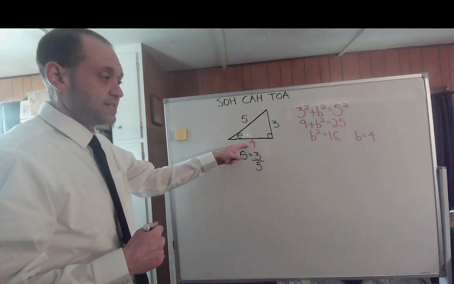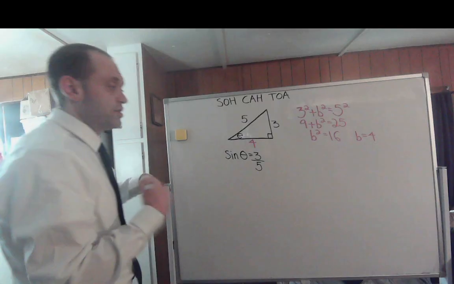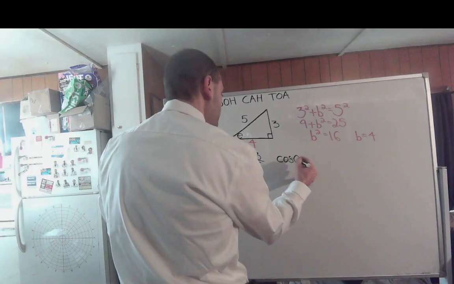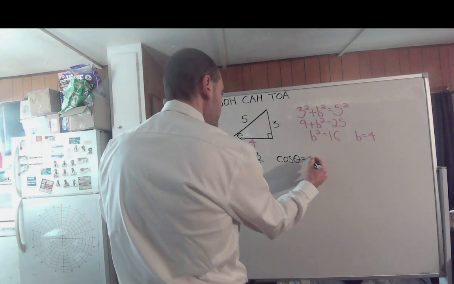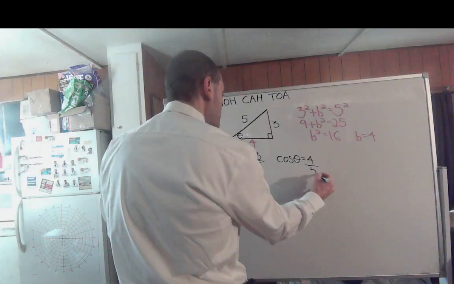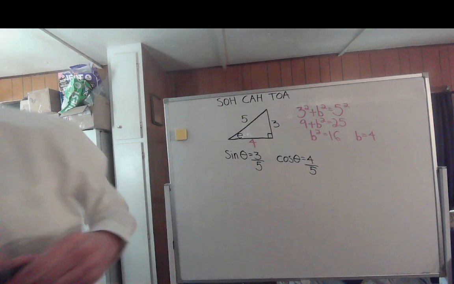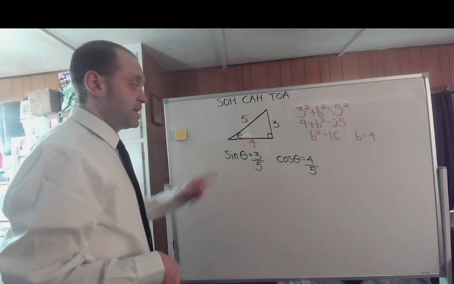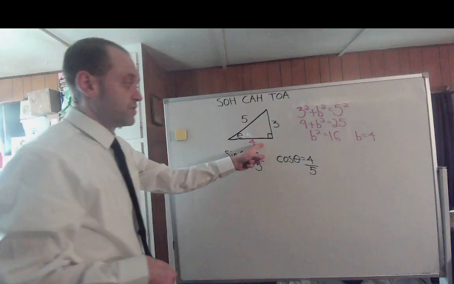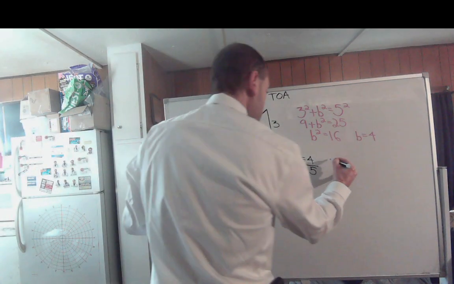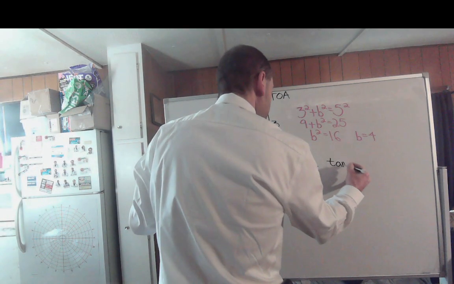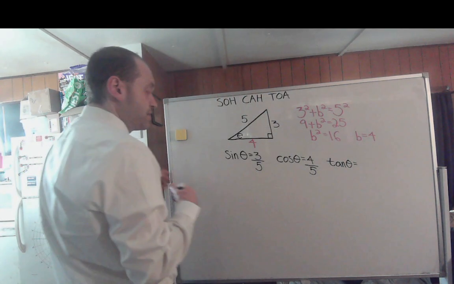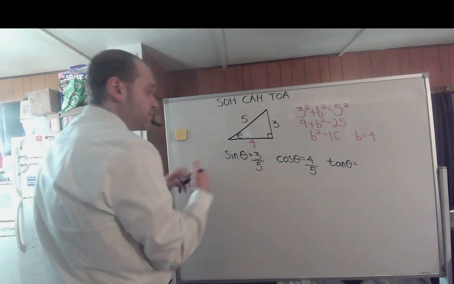So your adjacent leg is 4 over your hypotenuse of 5. So the cosine of theta equals 4/5. And then we can find the tangent. The tangent of the angle is the opposite leg over the adjacent leg. So tangent of theta equals then 3 over 4.